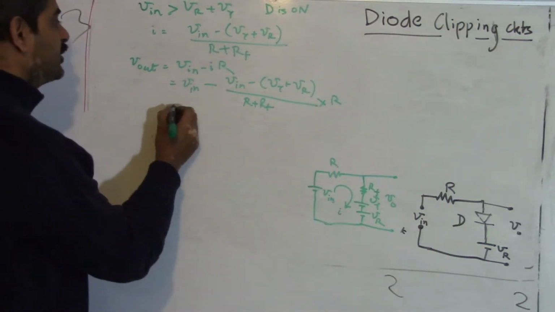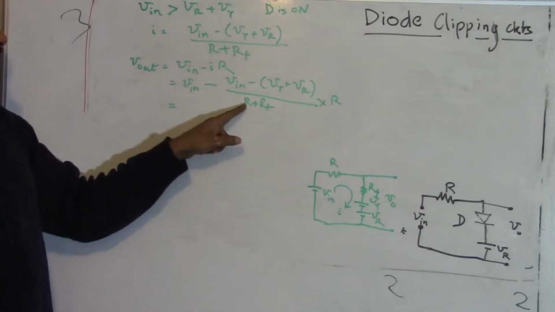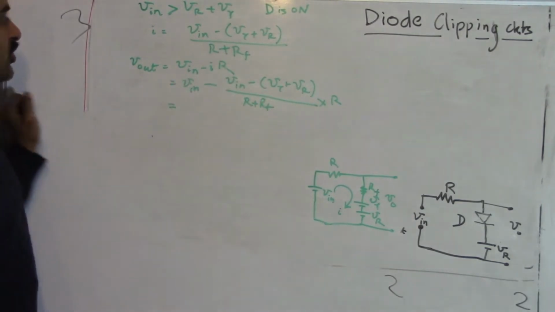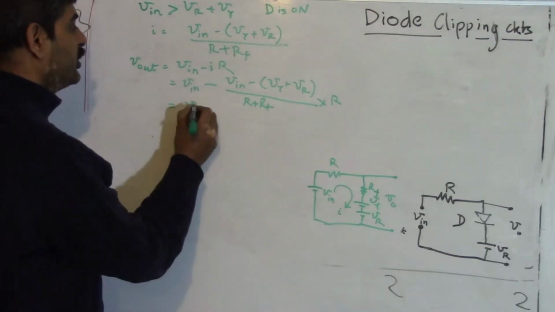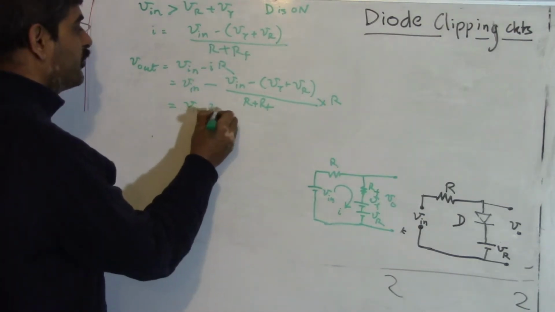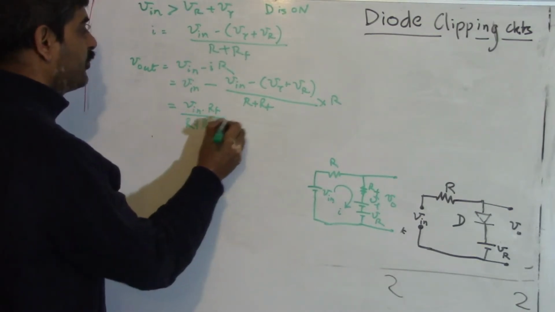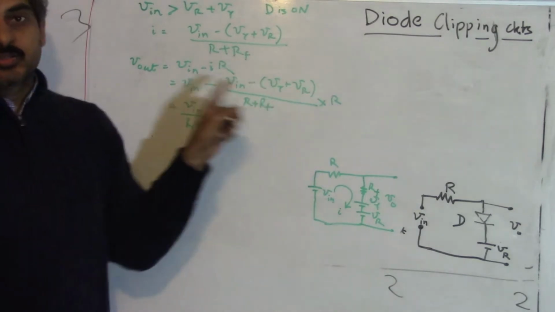And let's simplify this. V in into R minus V in into R cancels. So we have V in into RF divided by R plus RF. And from here, let's see the simplification.